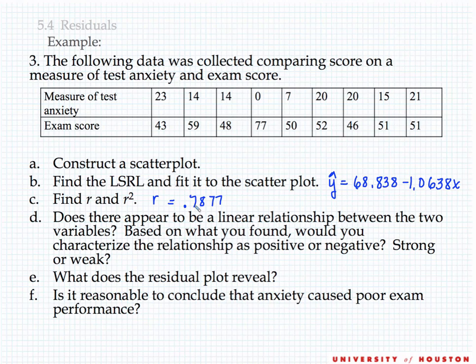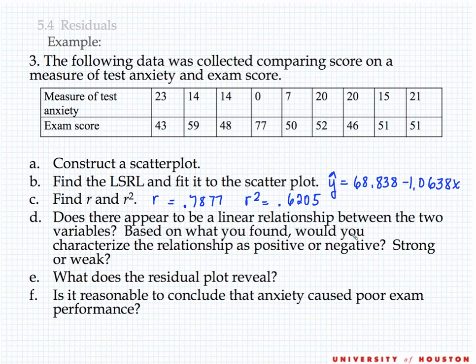Close to 1, but not very strong. Very strong would be something above 0.9-ish. Our R squared is 0.6205. So 62% of the variation can be explained by our least squares regression line.